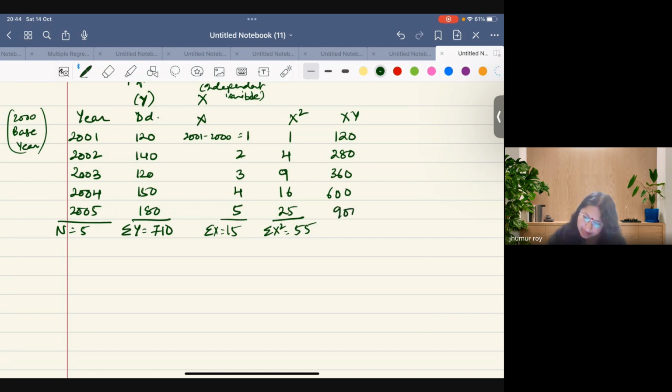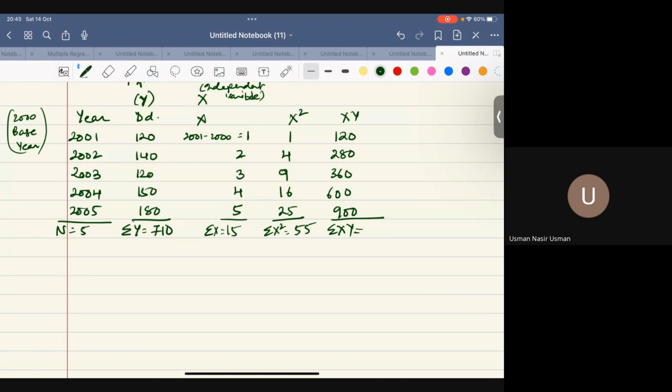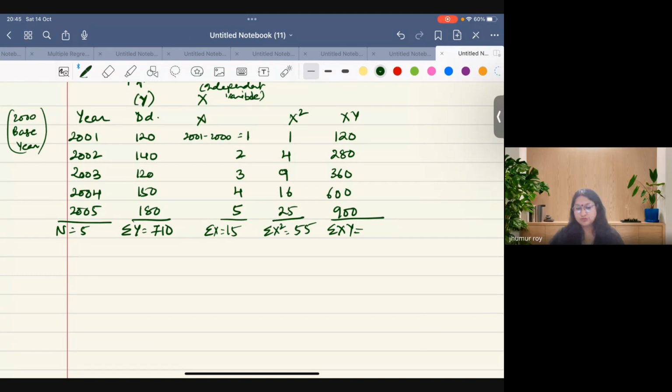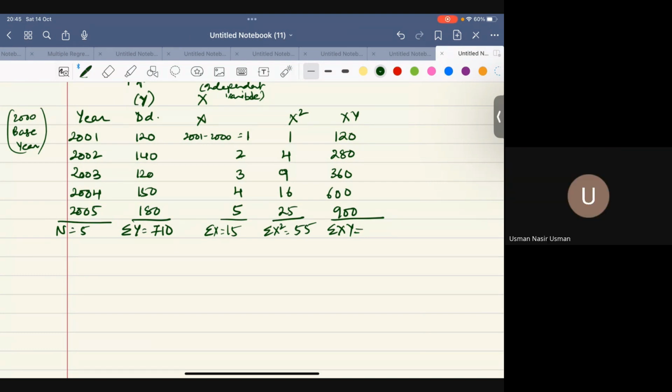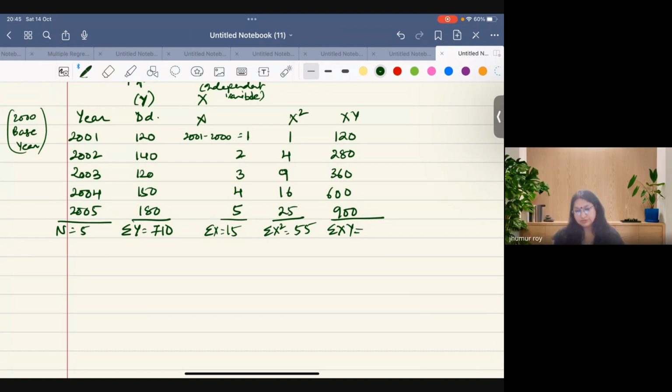Now, please add this column and tell me the total of sigma xy. 2260. Okay, so these are the values which we have got.